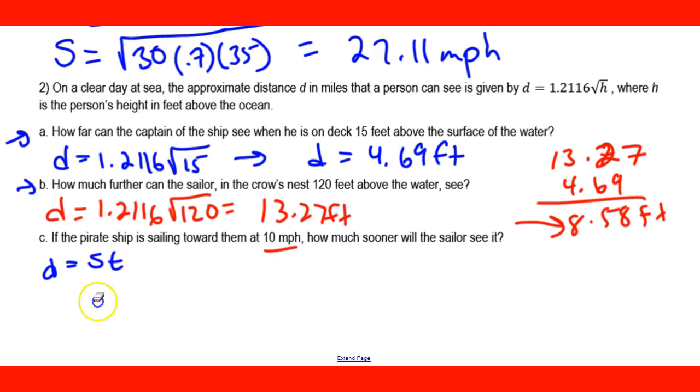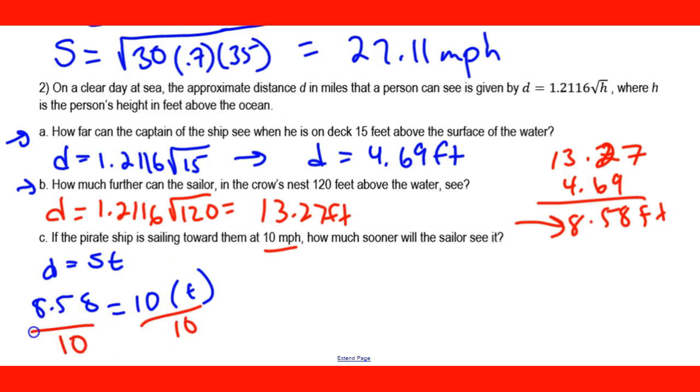We know the distance is 8.58, and the speed is 10 miles per hour, times time. We have to find time because it's how much sooner. So we solve for t by dividing out 10.